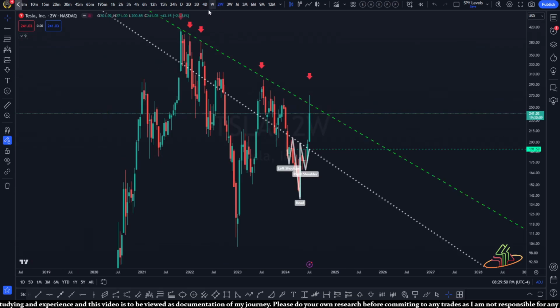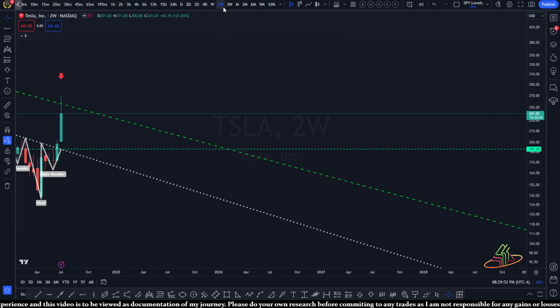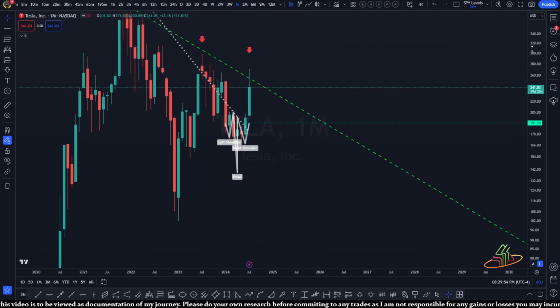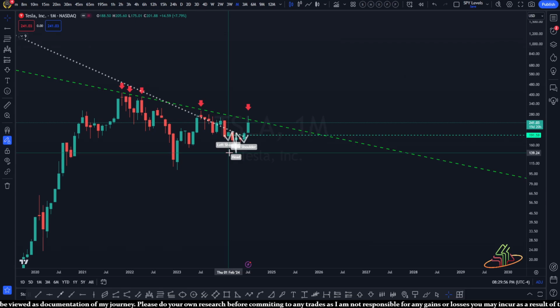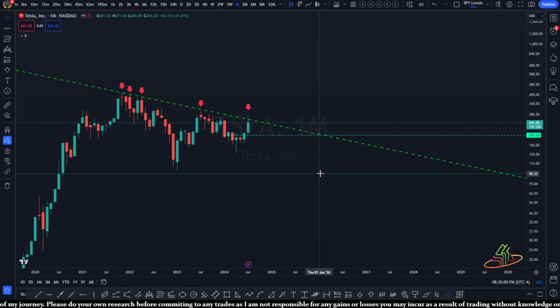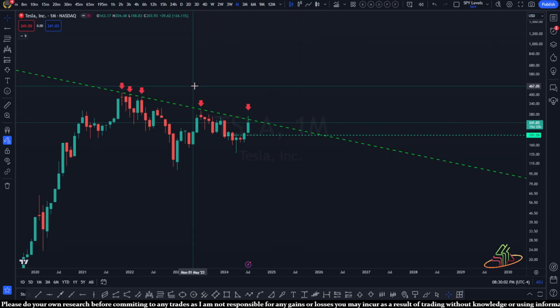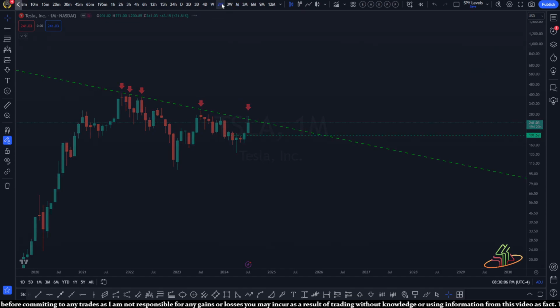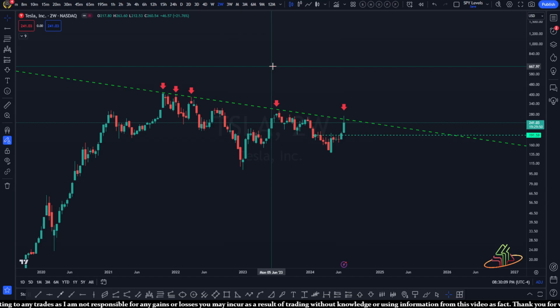So if we go to the monthly again, let's take it to the monthly and let's erase this inverse head and shoulders. And matter of fact, let's go to the 2 month. I mean the 2 week first. Then we'll come back to the 2 month.